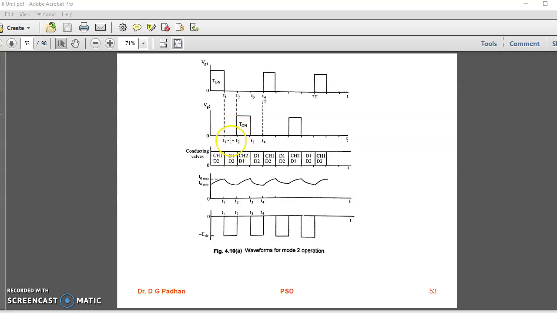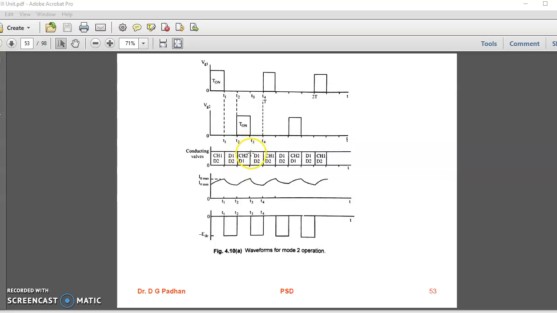Just see over here. The gating signal for chopper 2 is delayed by the time t2.